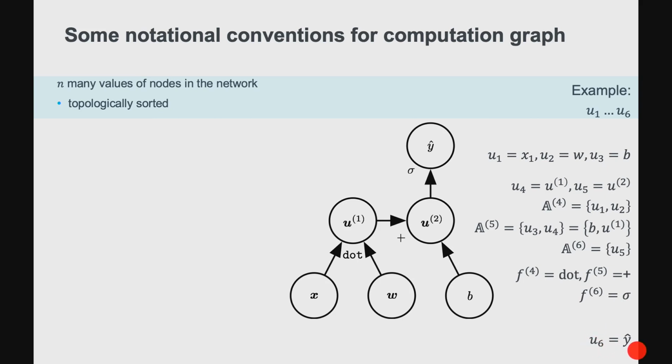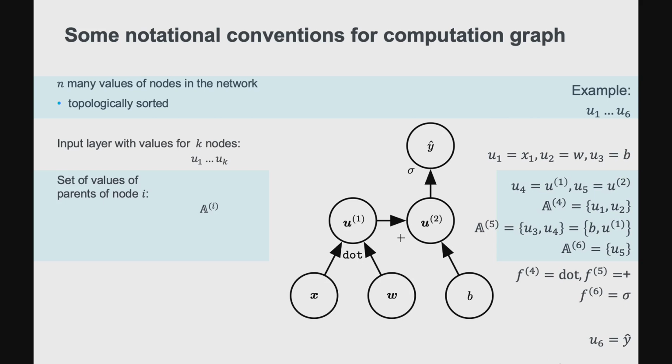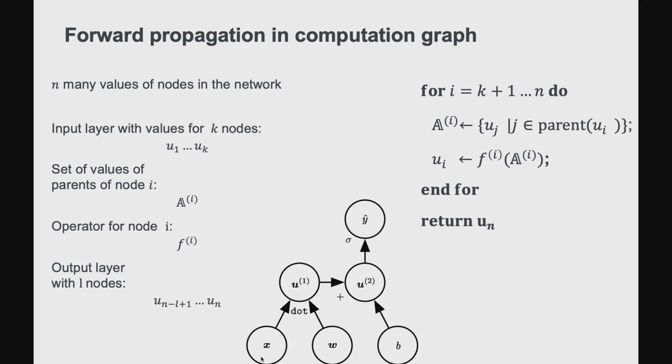And then U6 is our output, which is what we predict. So this is the convention, as also described here. And in general, of course, the output layer may have more than one node, but that's what happens.